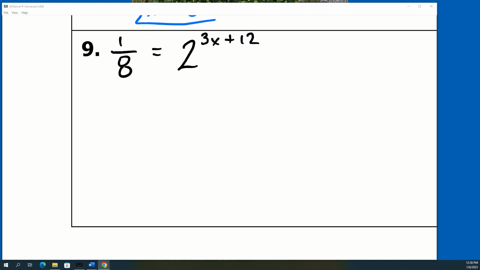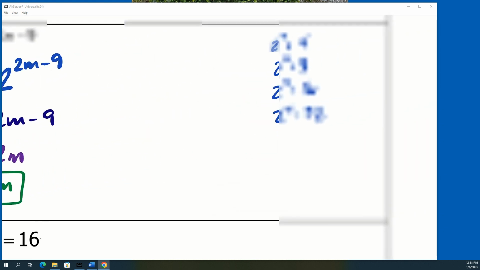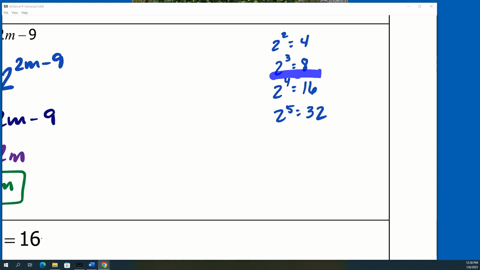So we're going to need to write 1/8 as 2 to some power. So for it to turn into a fraction, what kind of power does it need to be? Negative. Good. Yes. And so she said -3. So that's right, because we just saw that 2 to the third is 8.